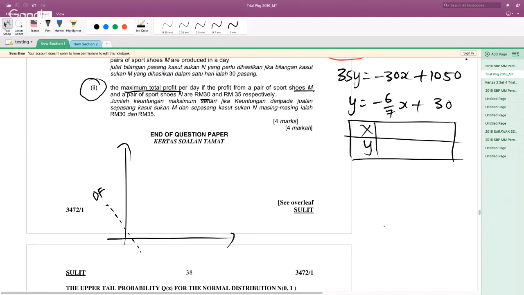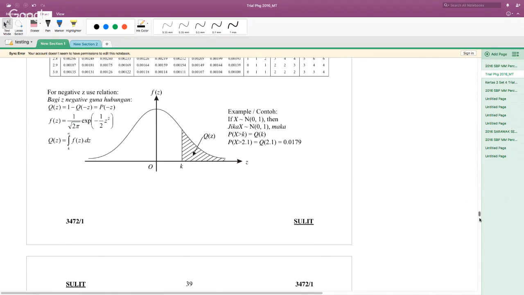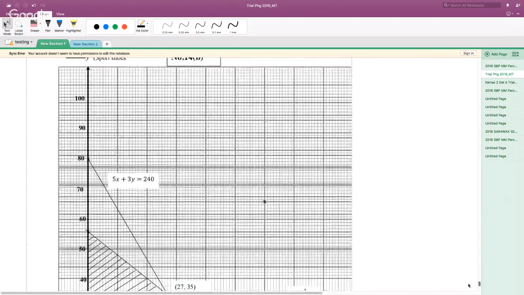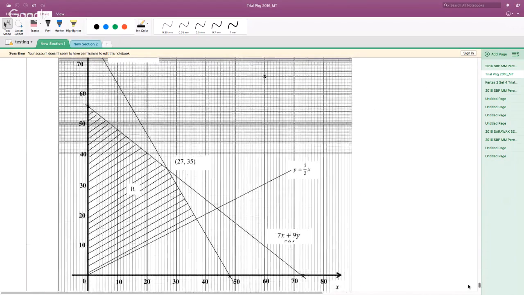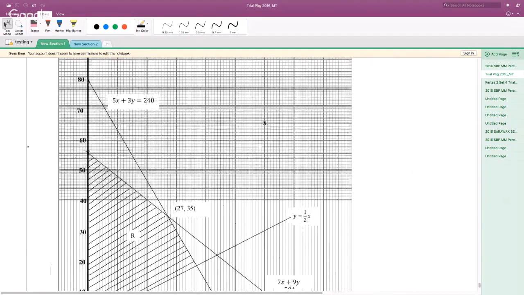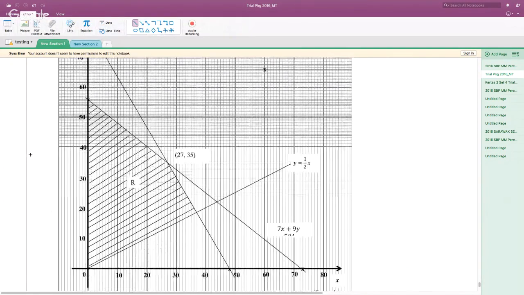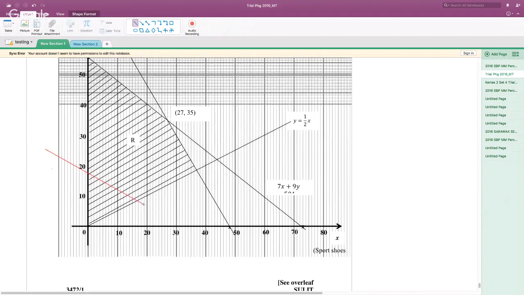So I will try to explain this further by using the answer sheet at the bottom. Let's say this is your graph here, and then you draw your objective function graph. I insert a straight line, which will be better. Let's say your objective function looks like this after you draw.